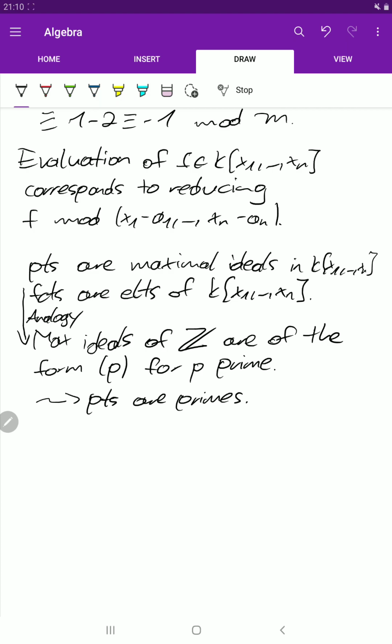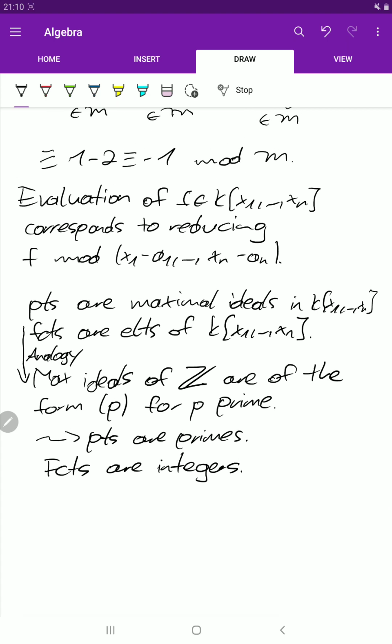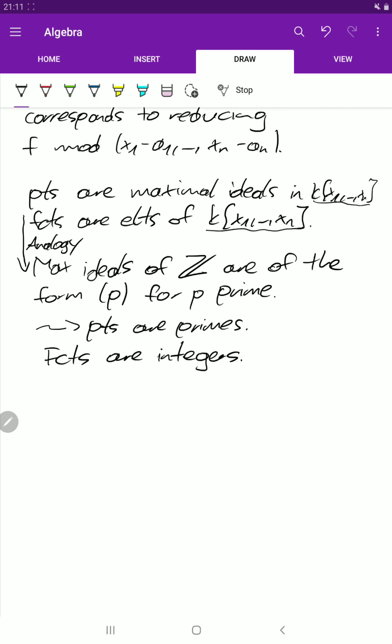And what are the functions? Well, functions are integers. So functions are elements of the ring, as before, this is also by analogy. So functions are elements of the ring here, and the points are maximal ideals of the ring. So now let's see, how do we evaluate these functions? Let's take the function 12, for instance, and the point 5, well, we just reduce mod p.